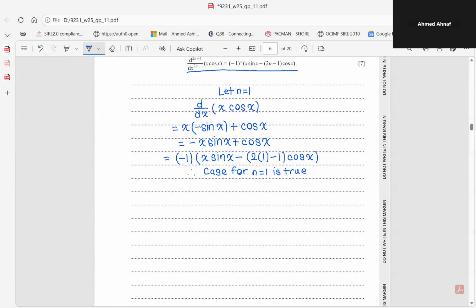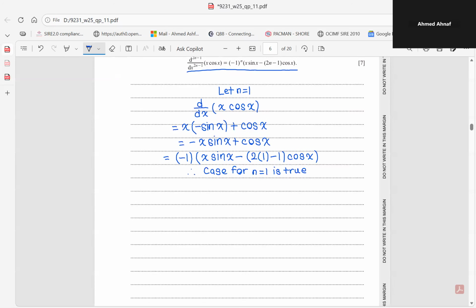Now you have to write your inductive statement. So basically, you just have to say assume true for n equals k, where k is a positive integer.